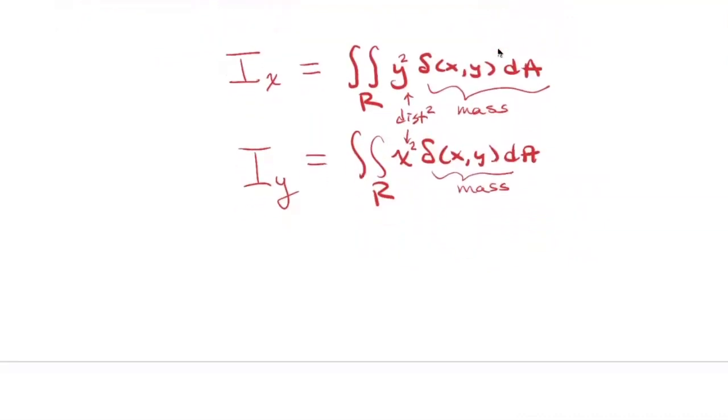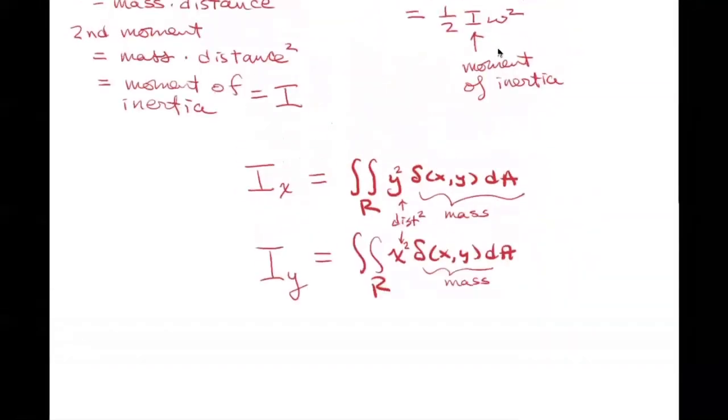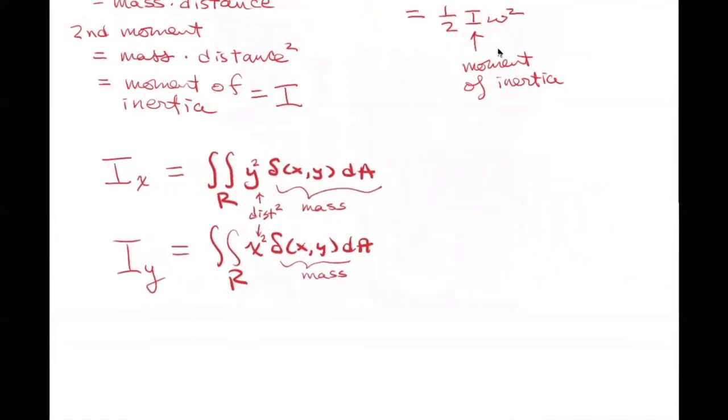If you want to rotate about the origin, let's draw a little picture here, maybe off to the side. So I've got my coordinate system. I've got some region here with mass. Let me make a feather pen. So this is region R. You can take a point and think about the distance to the y-axis or to the x-axis.